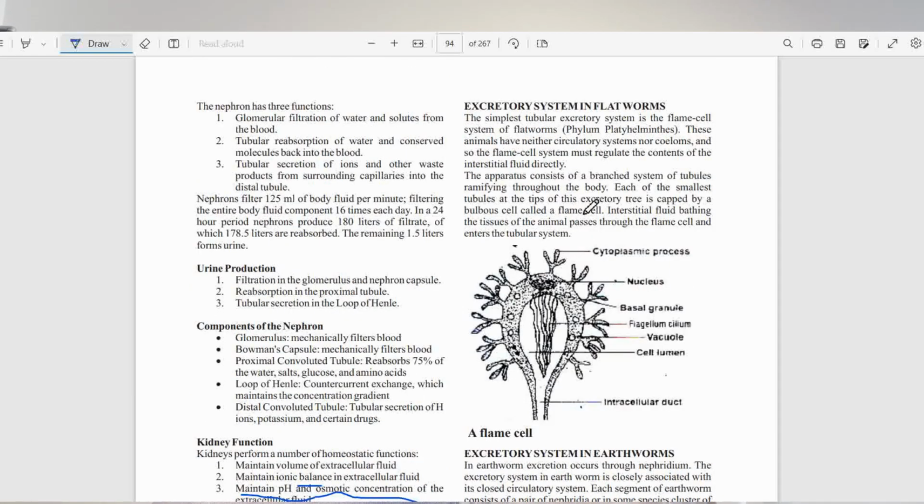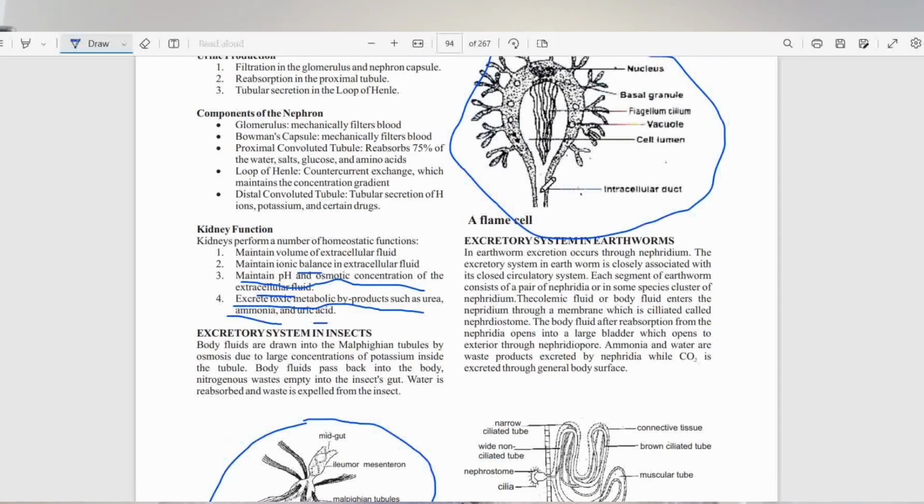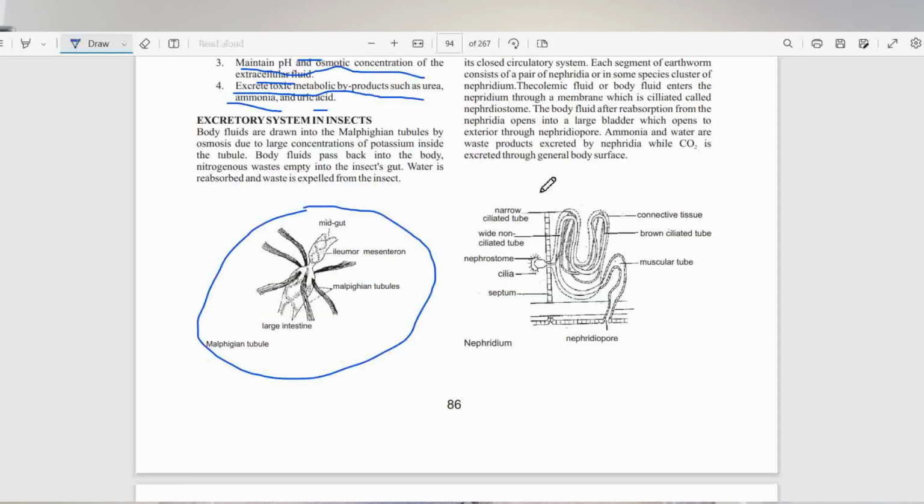Similarly, if you look at the flatworm, the simplest excretory system is the flame cell. Okay, and this is what that looks like. So without going into further details, it plays a vital role also in carrying out excretion.